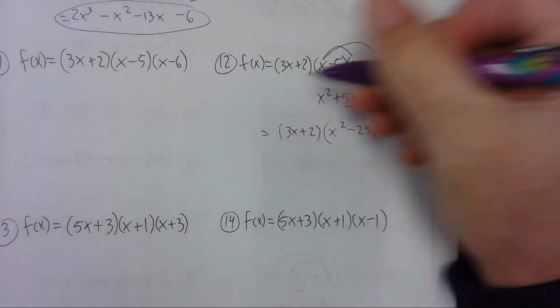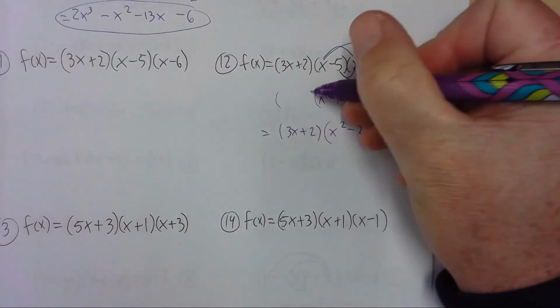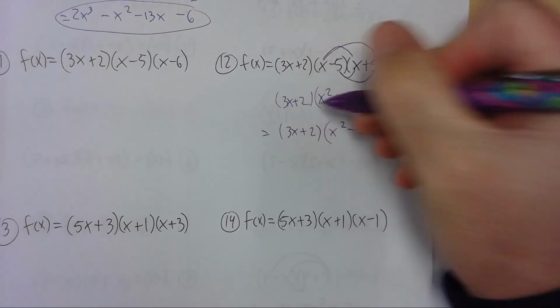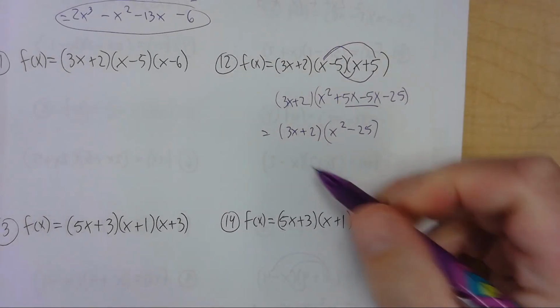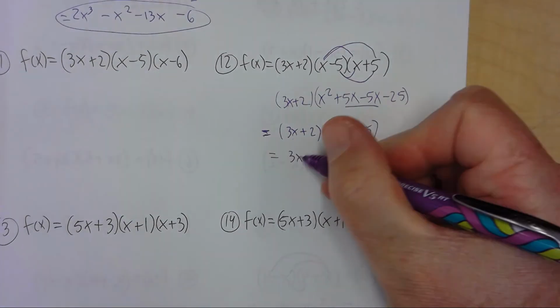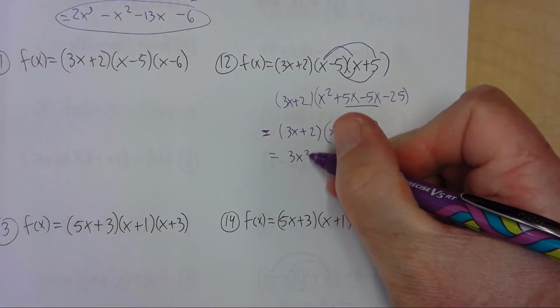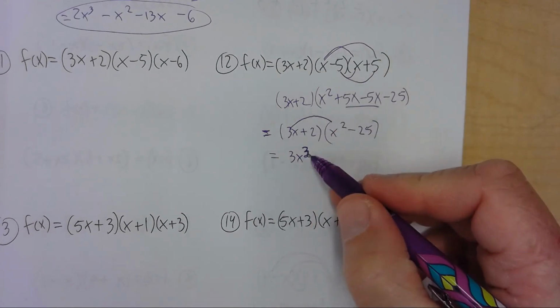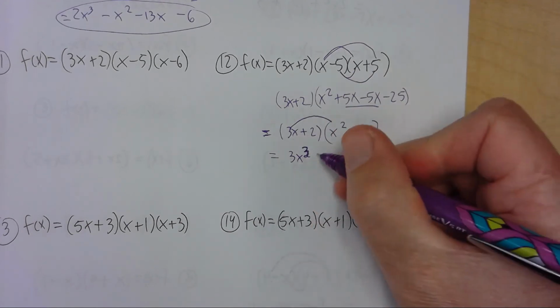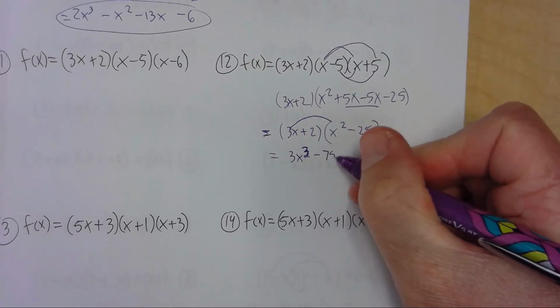Equals, put parentheses around this, parentheses here, 3x plus 2. All right. So 3x times x squared is 3x cubed. 3x times the negative 25 would be negative 75x.